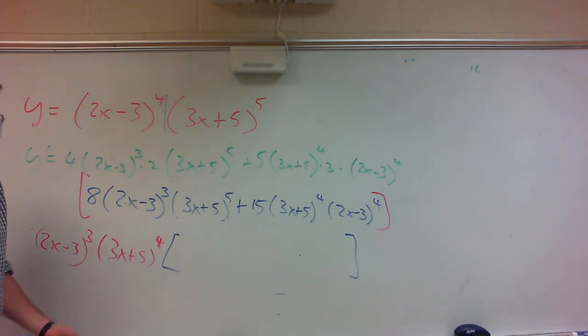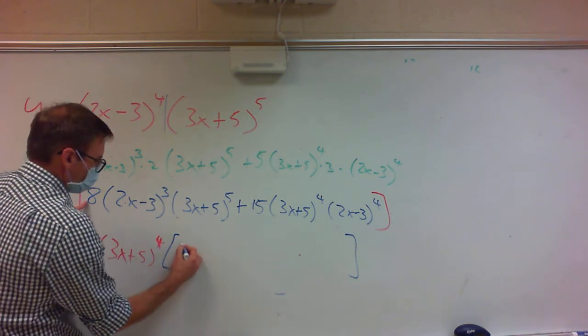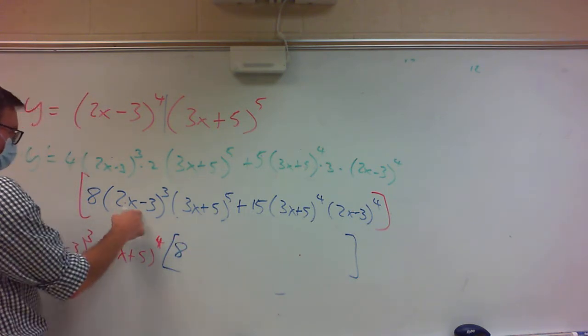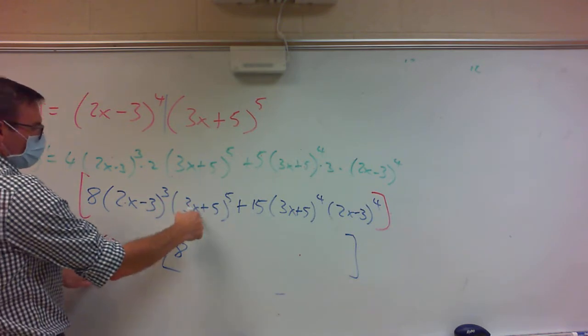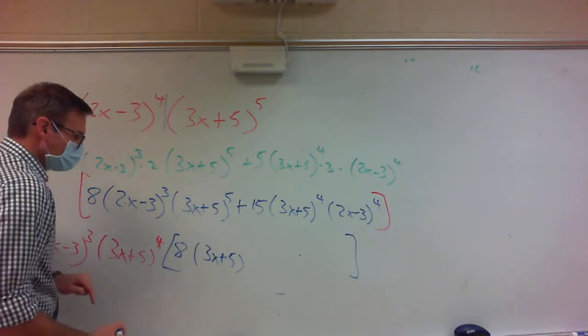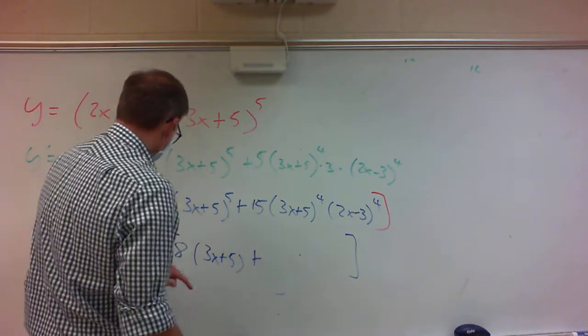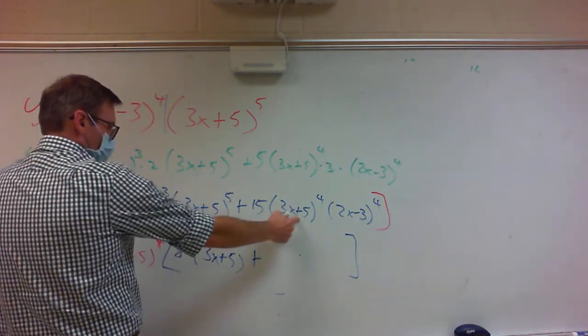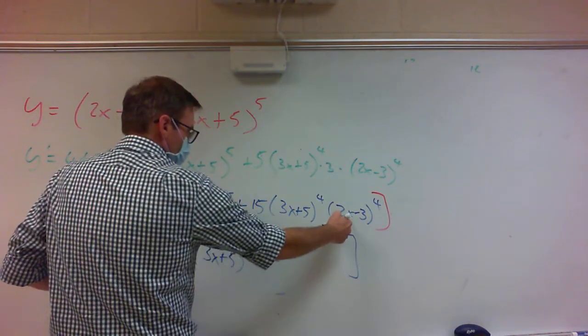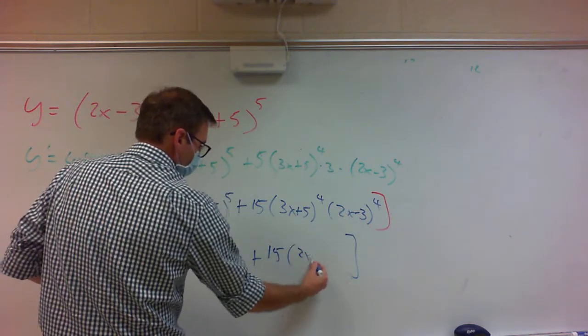And now the trick is, well, what's left inside? Well, let's see, there's an 8. I took out all of these and 4 of those, so I've got a 3x plus 5 plus. I took out all 4 of those. There's still a 15. And I took 3 of those out, so that's going to give me a 2x minus 3.